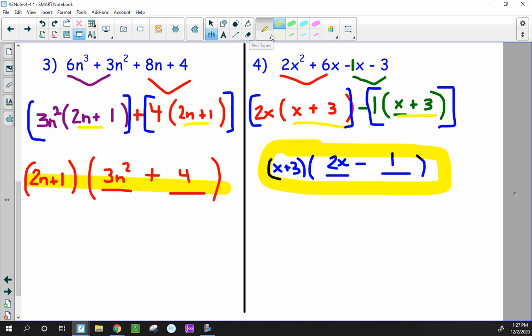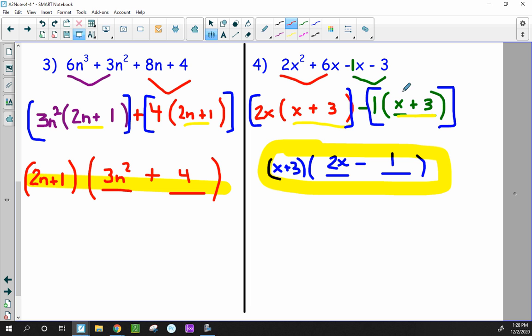I've done 4 with you right now. Just know that if, in the process of solving or trying to factor these, you do end up getting a different binomial on the inside, then either you've made an error on the sign, or you may have just chosen the wrong factors, because sometimes there is an incorrect way to do it. So just be careful.